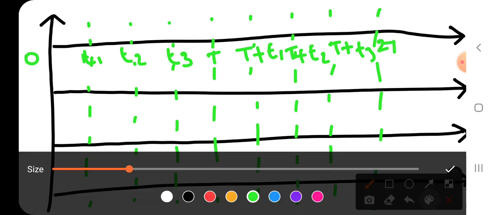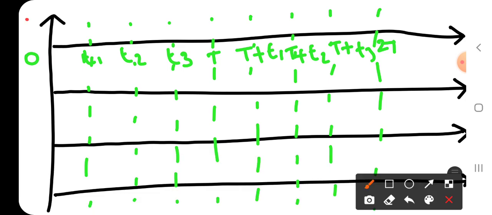Two cycles I have taken. In the first cycle, what happened? This is Vg1 and let me assume this is Vg2, and here this is Ia or I0 and this is Va or V0.